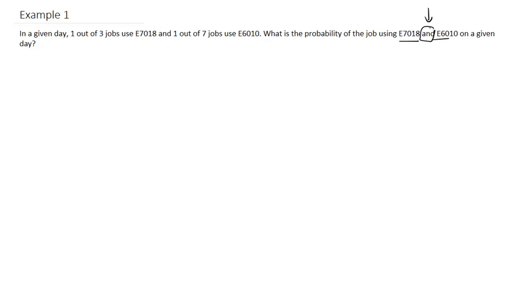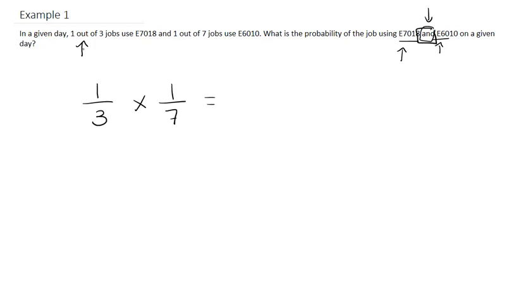And then what we need to first do is also find the probabilities. So the probability for using E7018 is 1 out of 3. Then for using E6010, it's 1 out of 7. And because we are saying "and", we're going to have to go ahead and multiply these two probabilities together.